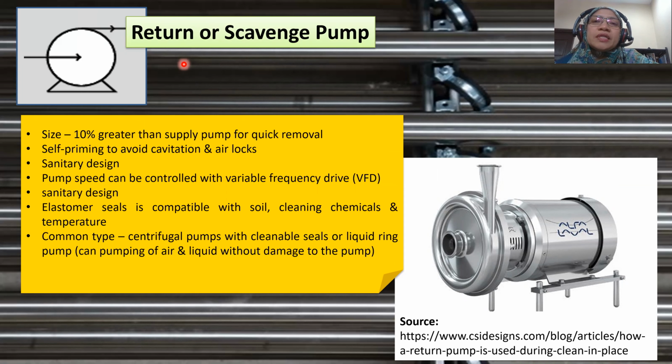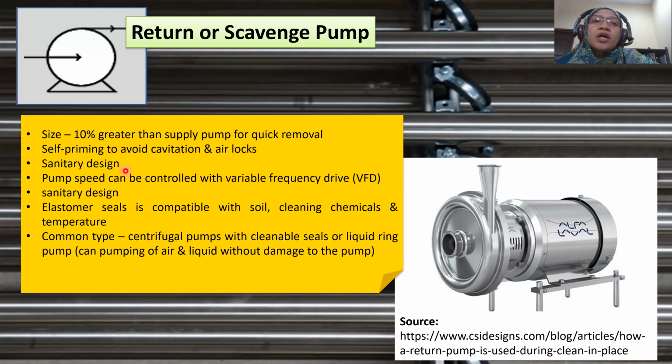If the return pump is inefficient, the CIP sequence will be poor, costly, and will not clean the vessel effectively. The return pump must be capable of pumping at 10% greater than the supply pump for quick removal, and it should be able to self-prime to avoid cavitation and air locks.